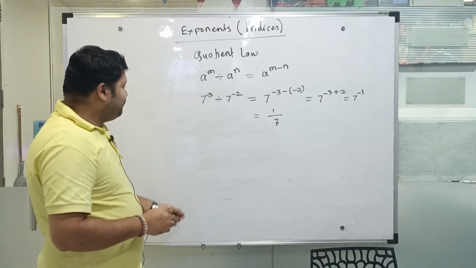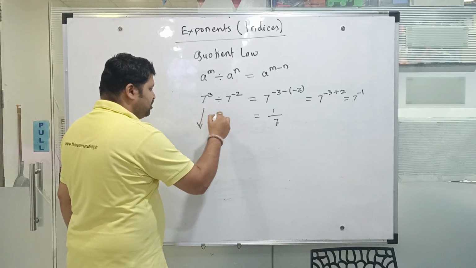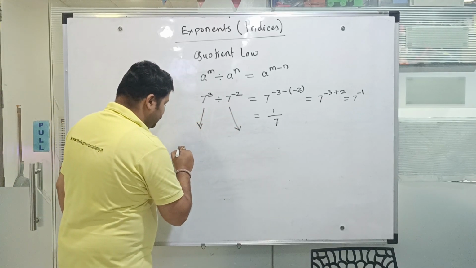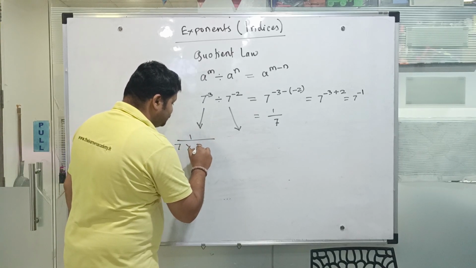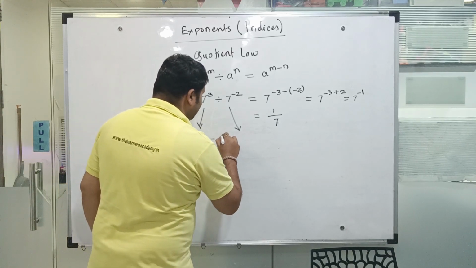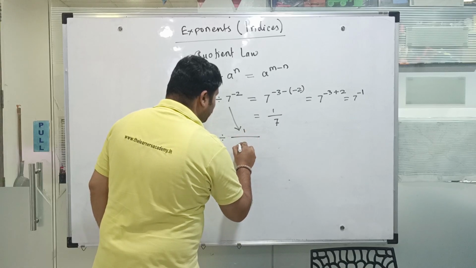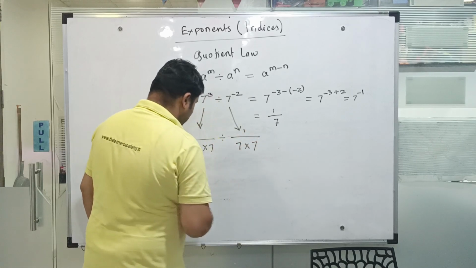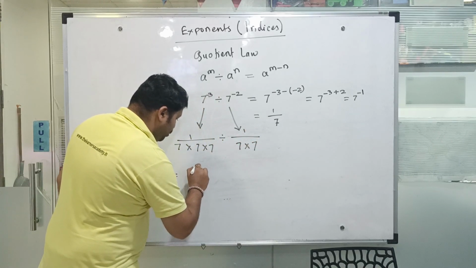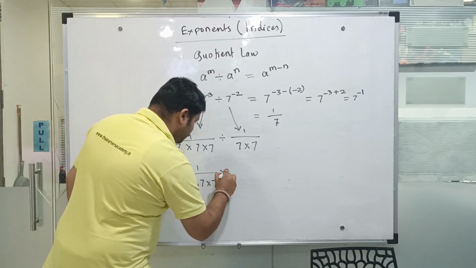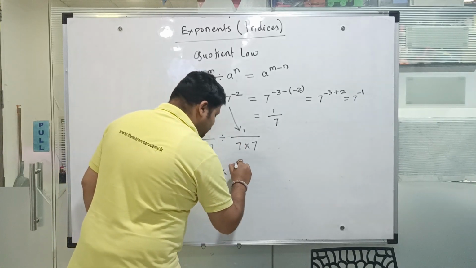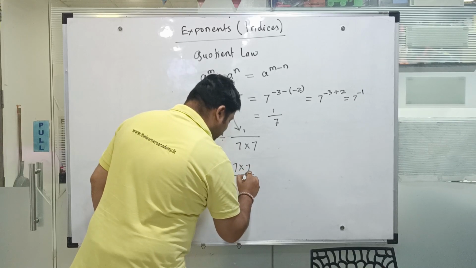Let's see what happens when we do the actual division. So we have 1 upon 7 multiplied by 7 multiplied by 7 divided by 1 upon 7 multiplied by 7, giving me 1 upon 7 multiplied by 7 multiplied by 7. The whole thing gets multiplied by 7 upon 7 times divided by 1.